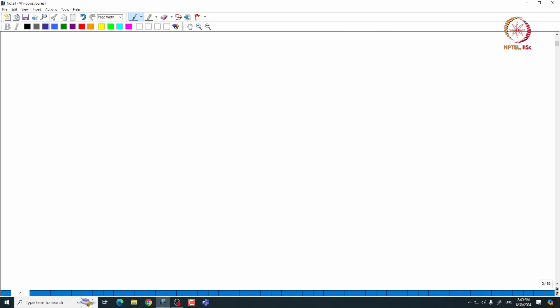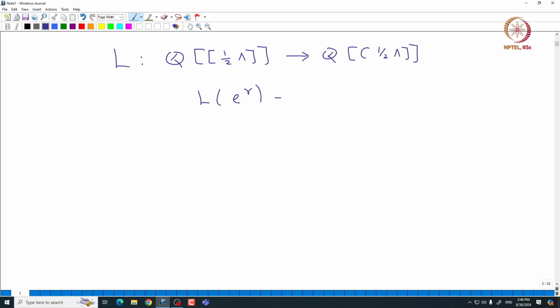Recall that we have defined this Laplacian operator from the formal power series ring Q double bracket of lambda to Q double bracket of lambda. It is given by L of e power gamma equals norm gamma squared times e power gamma for all gamma in lambda, and then you extend this to the entire formal power series ring.